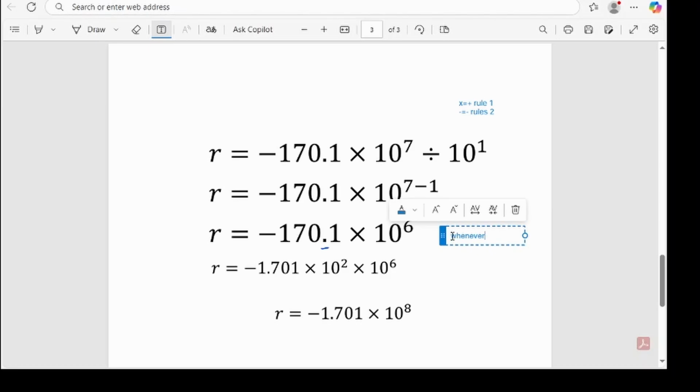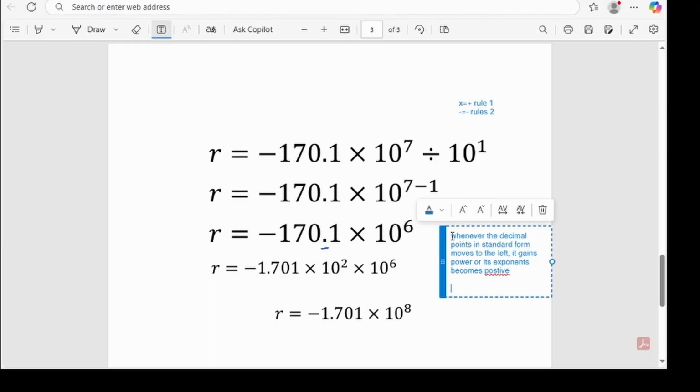Whenever the decimal point in standard form moves to the left, it gains power, or its exponent becomes positive.